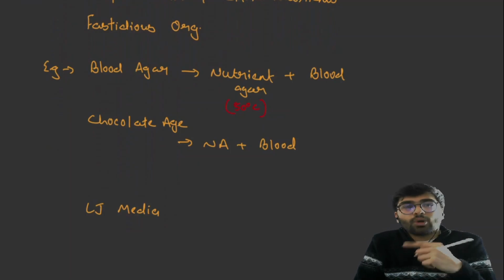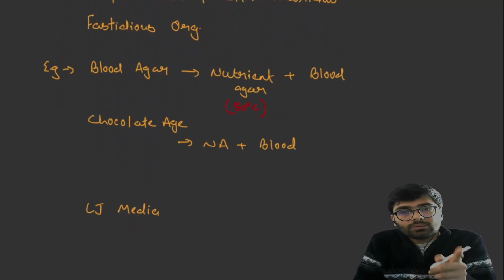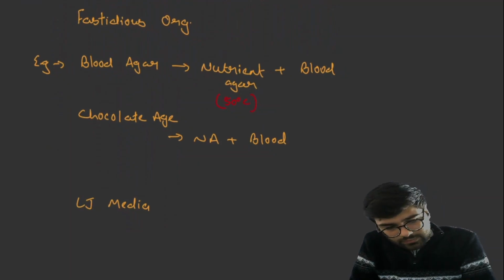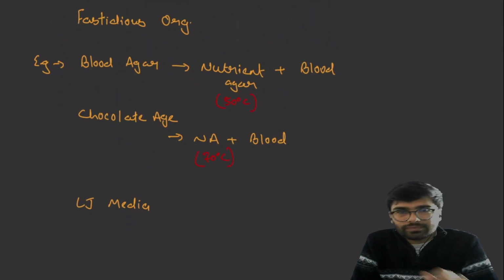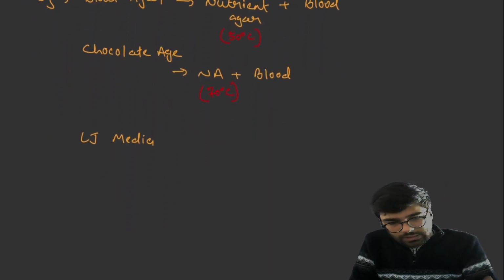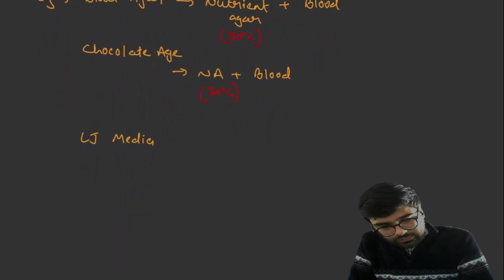And then in chocolate agar you have to heat nutrient agar to 70 degrees Celsius followed by adding blood. Now in LJ media we have nutrient agar plus egg.